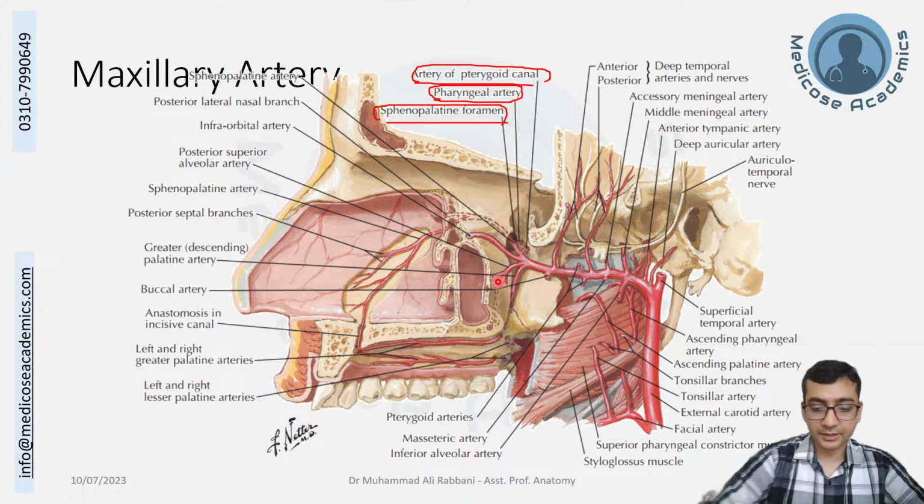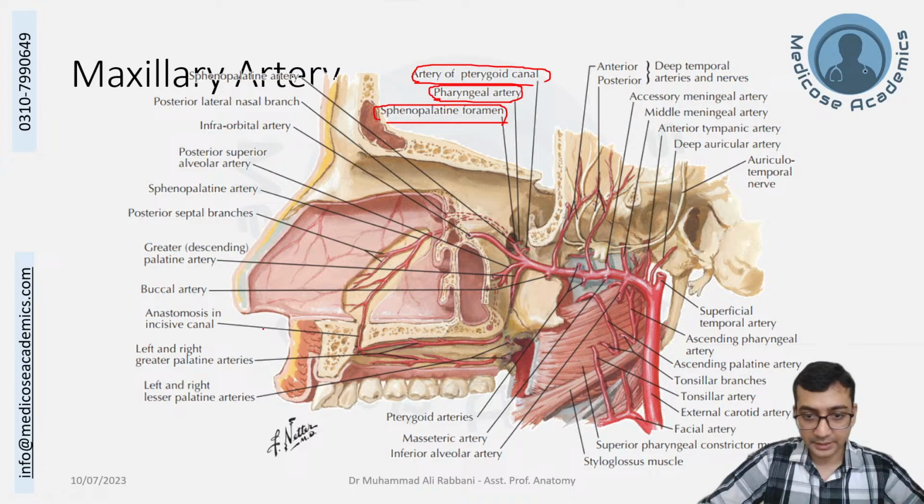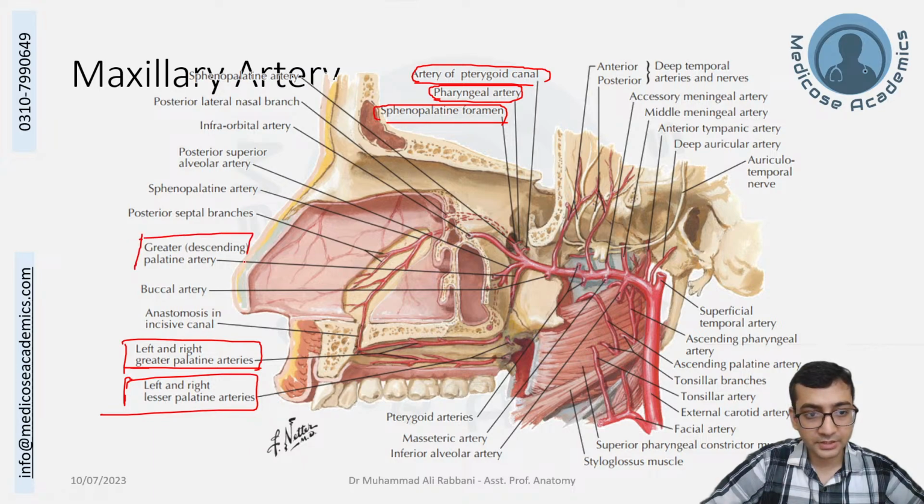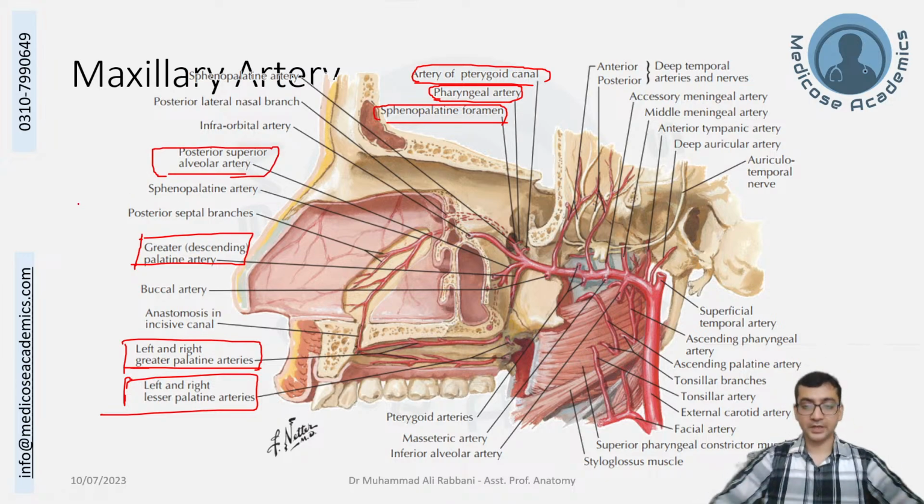And the last artery that we had to discuss, let me highlight what we have discussed so far. And we are left with this artery, posterior superior alveolar artery.